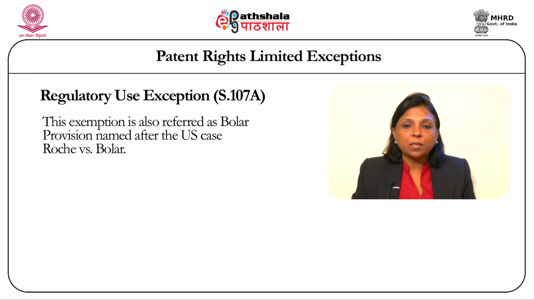In many areas of technology, that particular patented product cannot be marketed unless it receives regulatory approvals for marketing from a regulatory authority. One very good example of this is drugs, medicines, medical devices, and even insecticides and fertilizers. They are required to be approved by the regulatory authority.